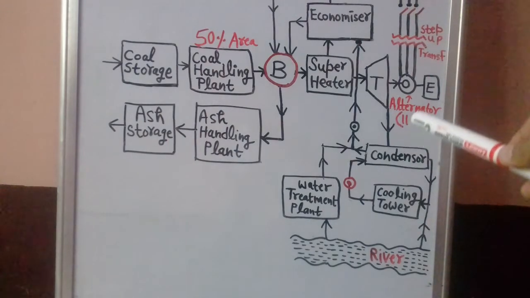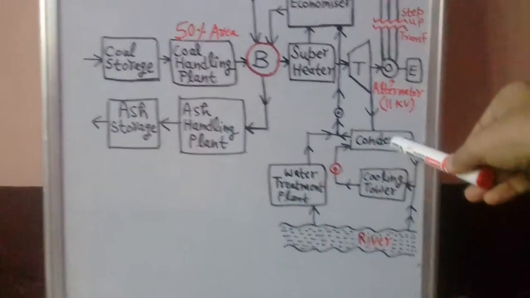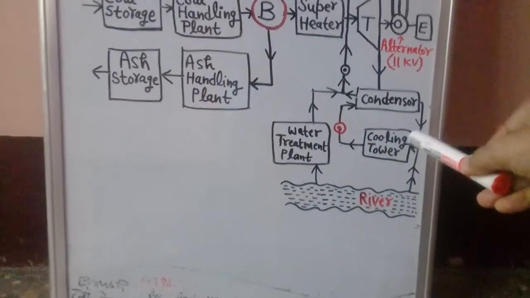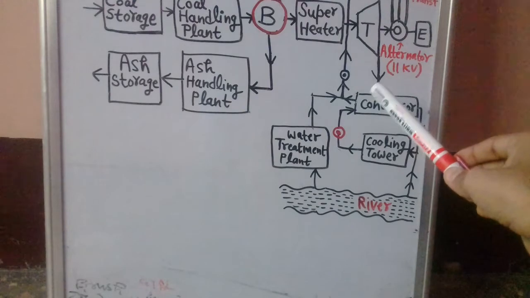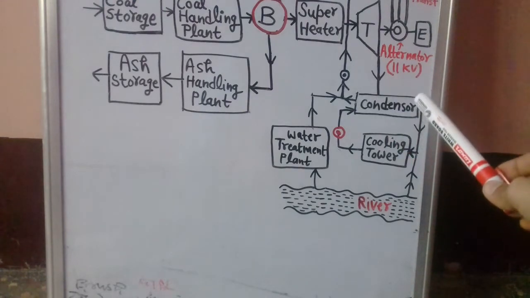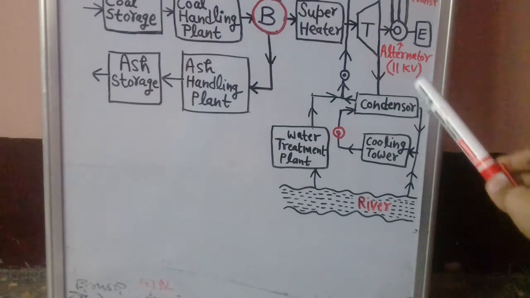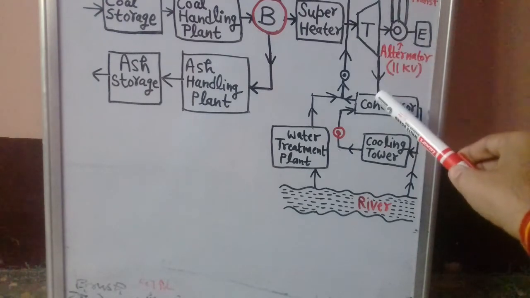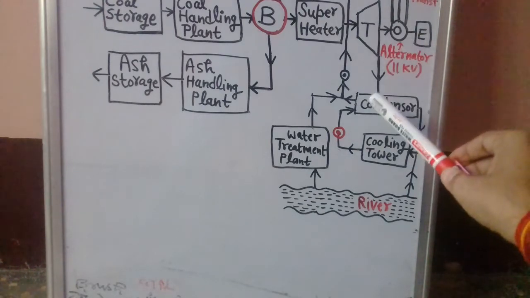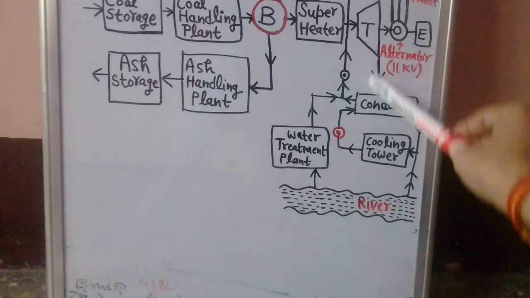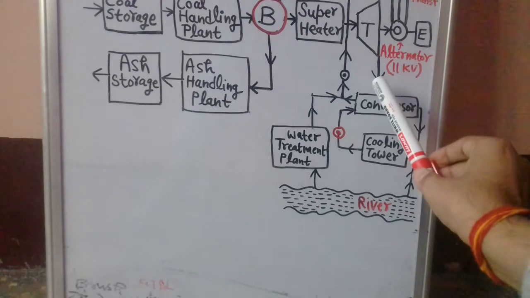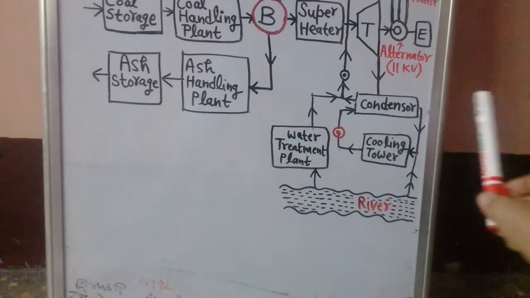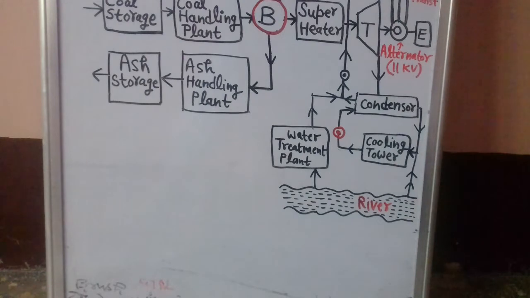Now what is the role of the condenser? Why do we use a condenser and why do we use a cooling tower? What is the function of this condenser? See, the condenser that you are watching here: the remaining steam which is coming out of the turbine, if you directly release this steam into the atmosphere, then it will be a complete wastage of the steam, right?